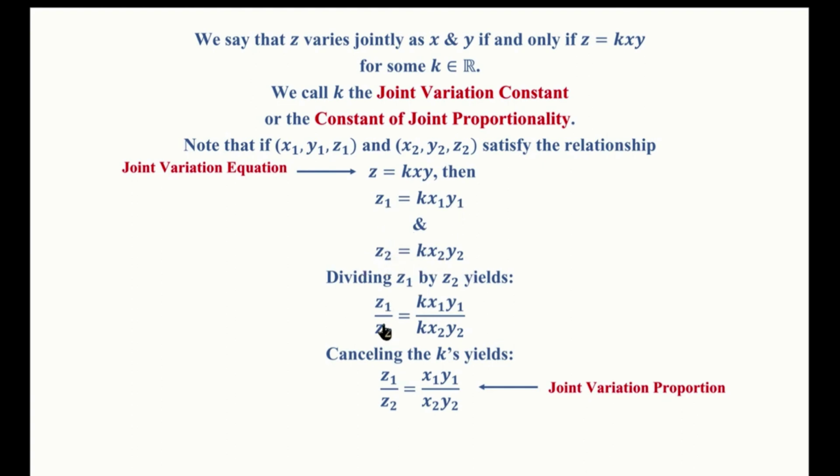If we divide those, we end up with z1 over z2 equals k x1 y1 over k x2 y2. The k's cancel out, so we end up with z1 over z2 equals x1 y1 over x2 y2. Notice the order here, they correspond: 1, 2, 1, 2, 1, 2. We're going to remember that, because remember, joint variation is a kind of direct variation.